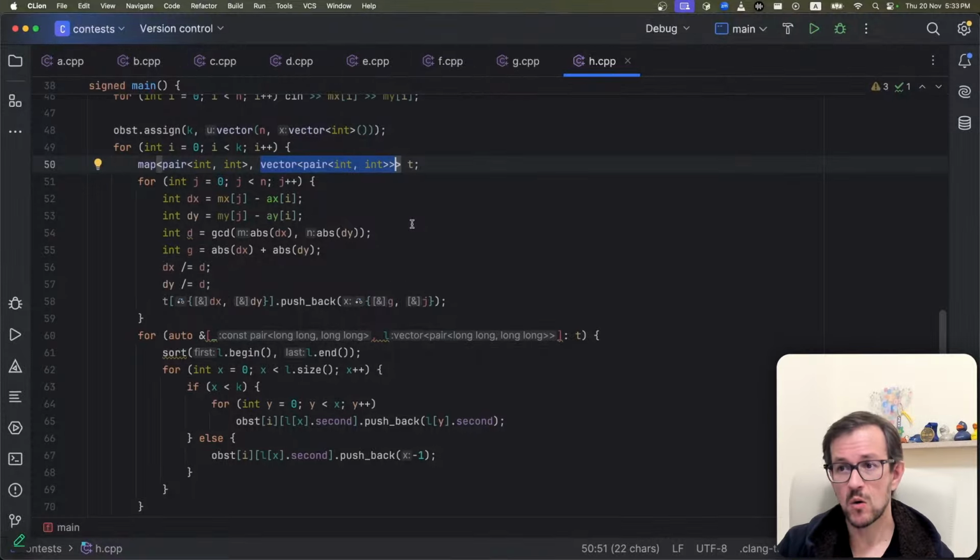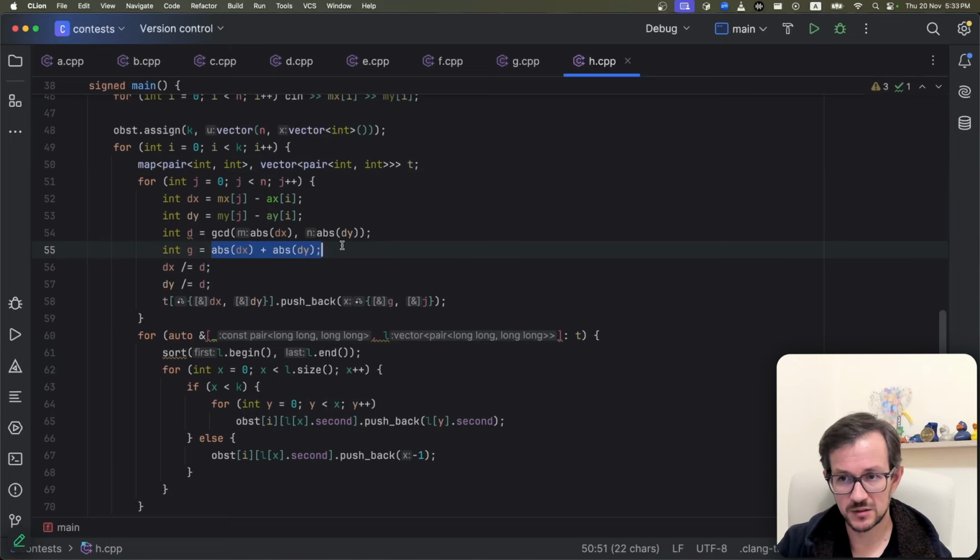Now, I need to sort these monsters by distance. So instead of normal distance, I will use Manhattan distance because it's the same for this purpose. I need distance only to distinguish which monster is closer and which is far away. So to make this comparison, I can use any metric actually, and this metric is cool because it's simple and it's integer.